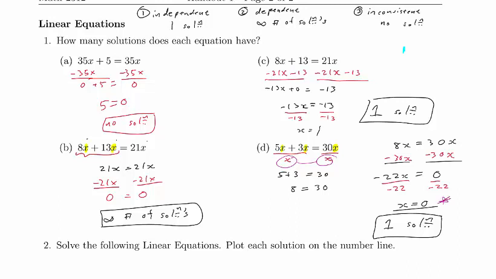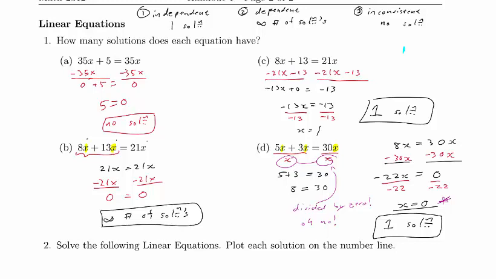We found that x equals 0. So what did we do? We divided by 0. Don't want to do that.